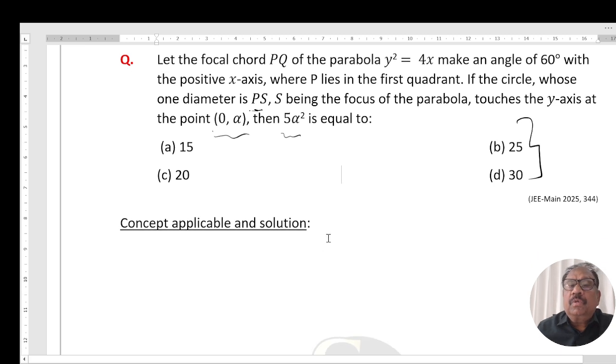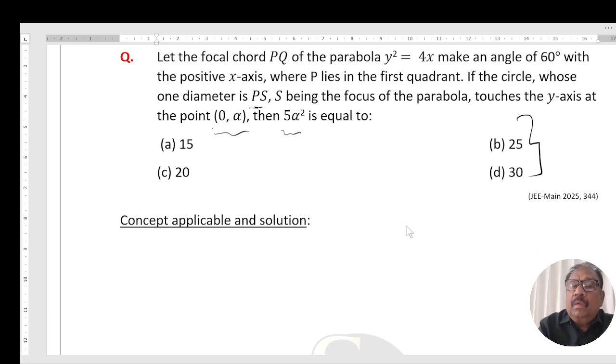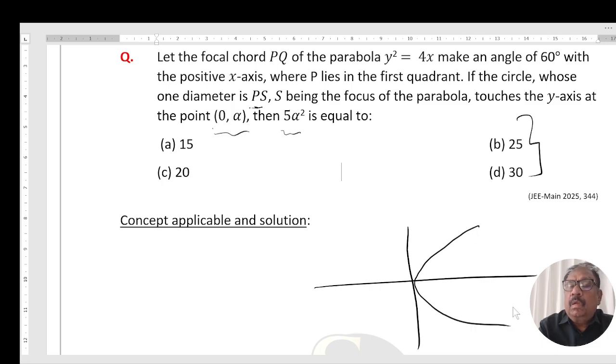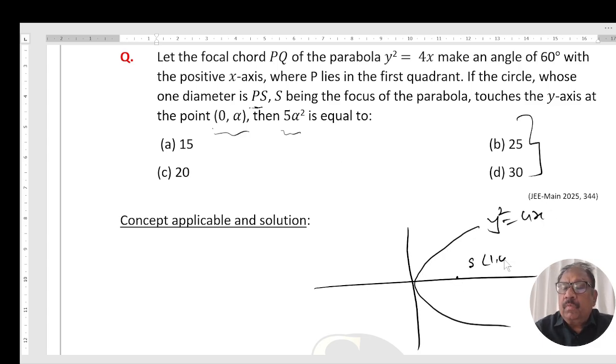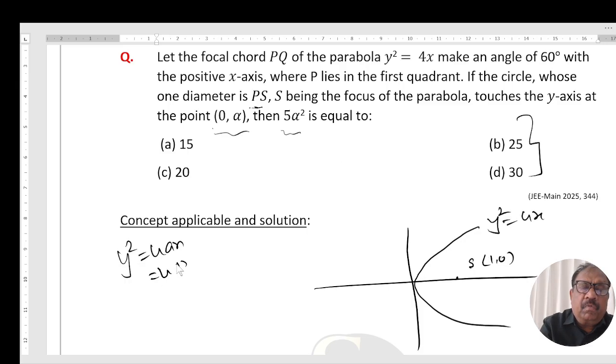Concept applicable in solution. This parabola is of the right-handed type, y square equal to 4x. Focus is S, because y square equal to 4ax, that is 4 into 1 into x, so a equal to 1.